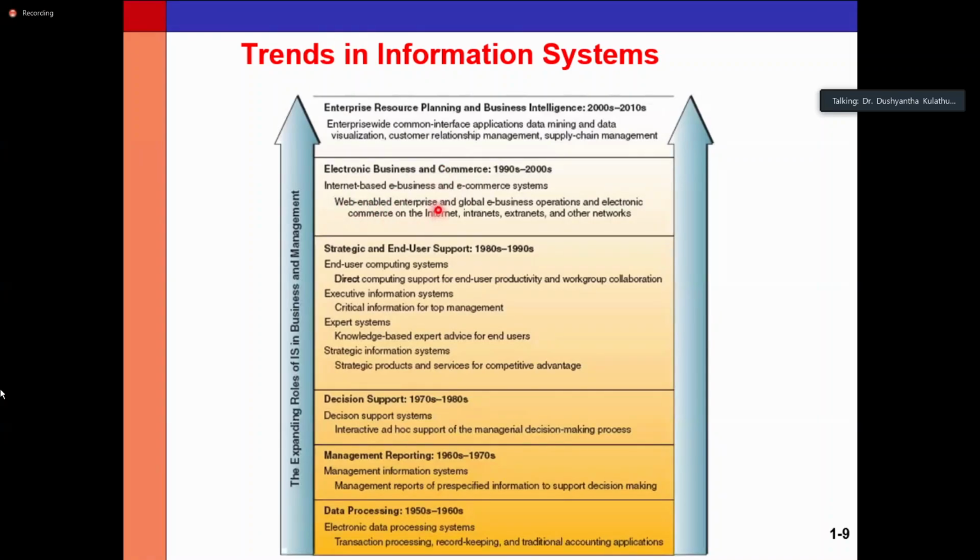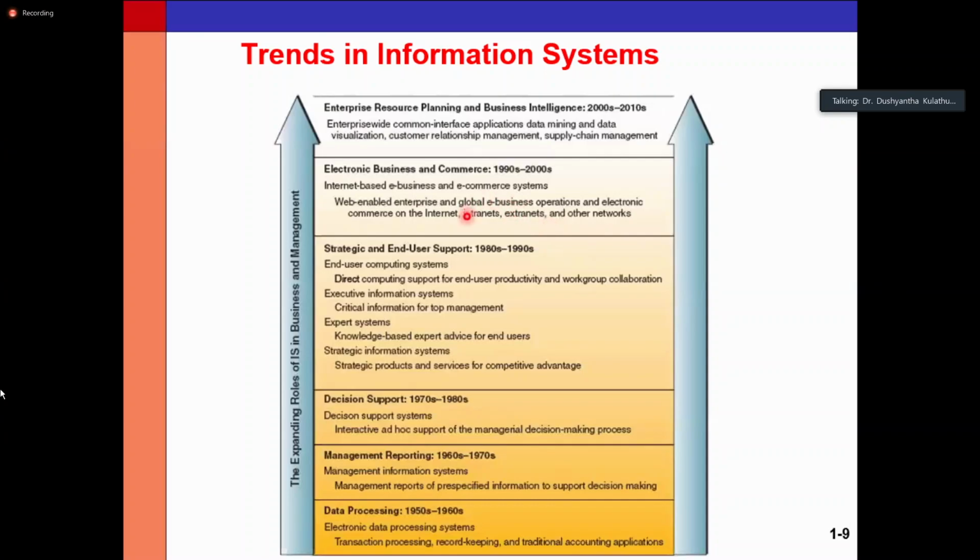And here it says web-enabled enterprise and global e-business operations and electronic commerce on the internet, intranets, extranets, and other networks. Now we will be utilizing different e-business and e-commerce systems within the organization, facilitating us to perform different types of transactions with different individuals.